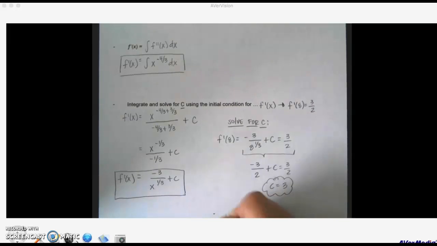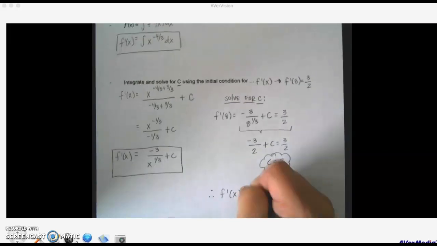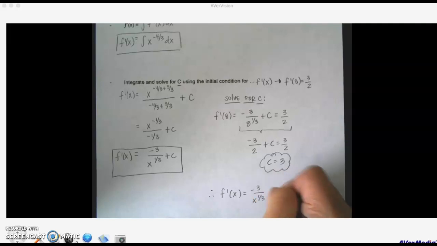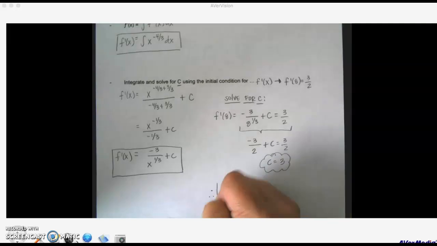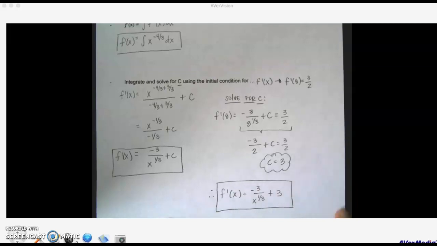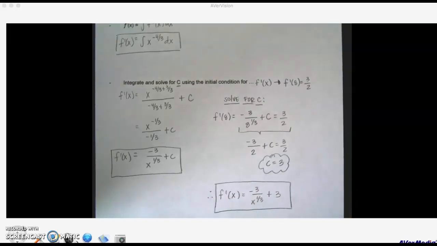So therefore, our f prime of x is now equal to negative 3 over x to the 1/3 plus 3. So this is the equation that we're going to have to use in order to solve for our regular function, our f of x. So you have to work backwards.